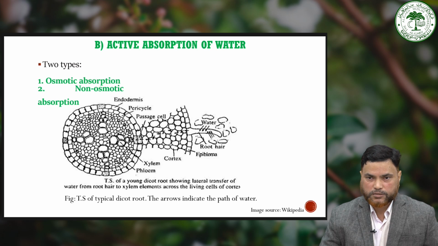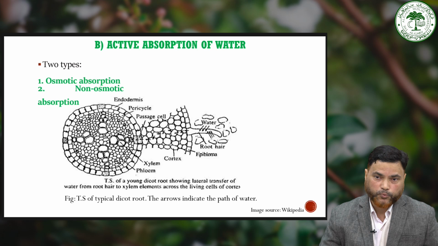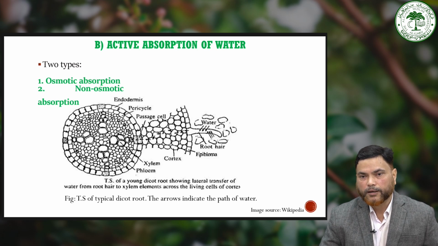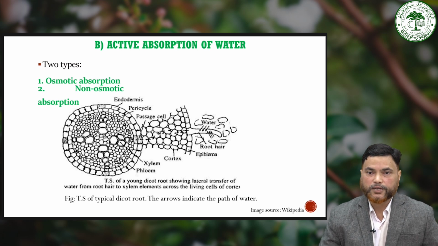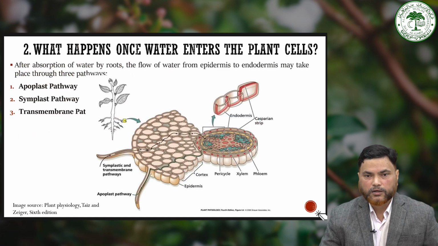In addition to this, Kramer, also a great plant physiologist, reported that active absorption of water has minimal importance in the water economy of most plants. Moreover, aquaporins, or the proteins embedded in the cell membranes, have also been reported to be associated with non-osmotic absorption of water.